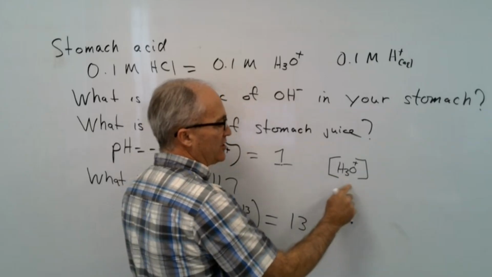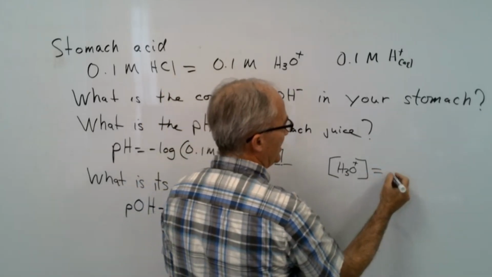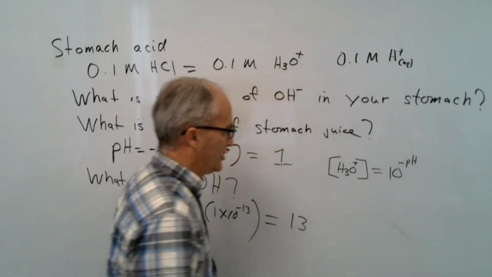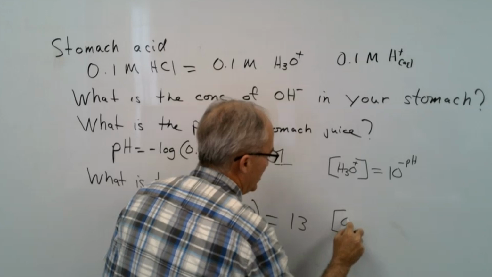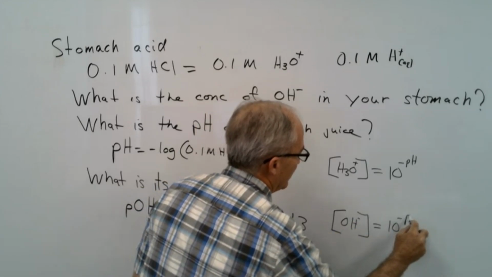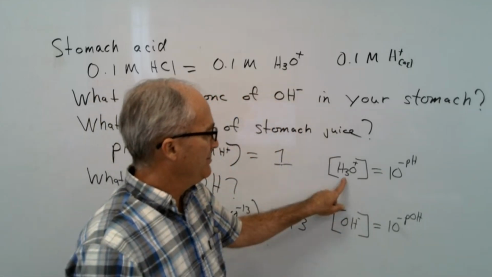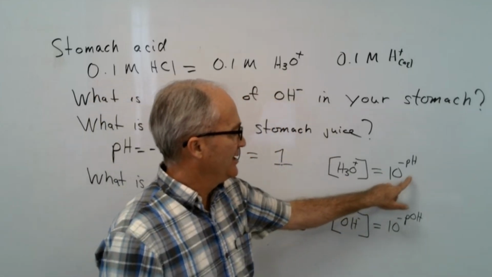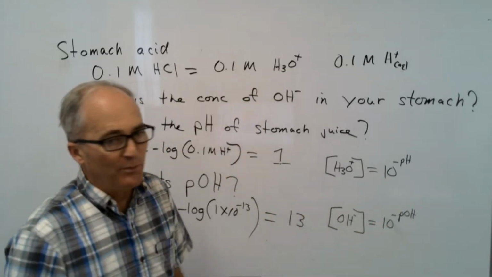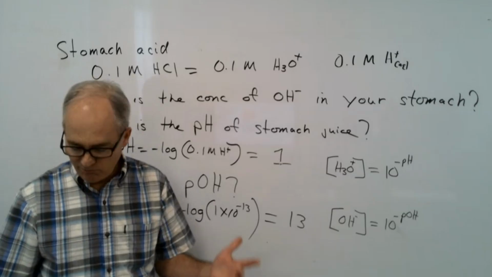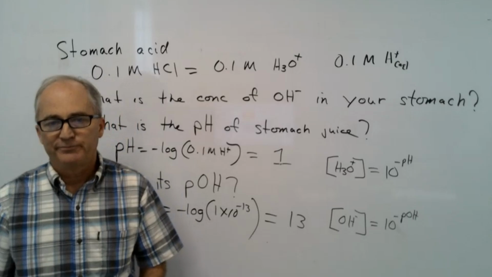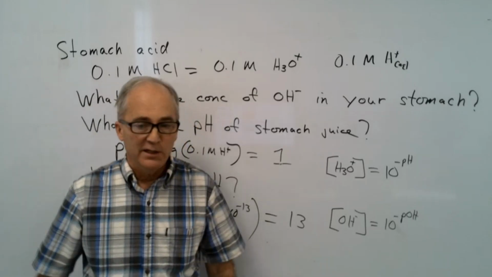The molar concentration of hydronium ion is 10 to the negative pH. The molar concentration of hydroxide is 10 to the negative pOH. And this is just log properties and our definition. Any questions?